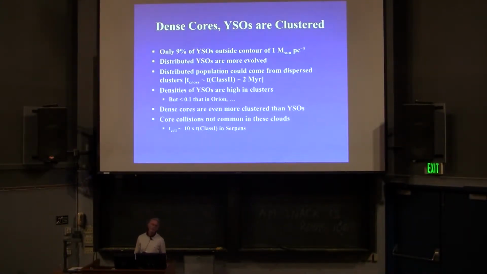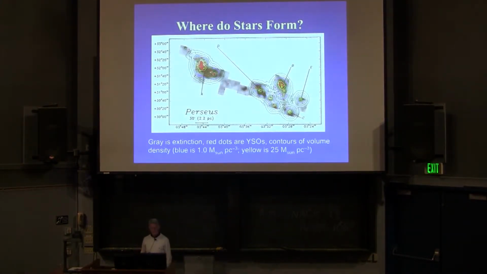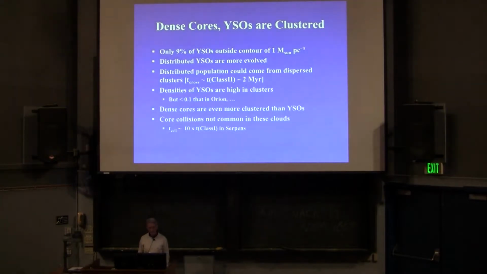And the dense cores, as well as the YSOs, are highly clustered. So if I look back at that for a second, the lowest contour, the blue contour there, is 1 solar mass per cubic parsec. And only 9% of the YSOs in the cloud are outside that contour. And the distributed YSOs are more evolved.